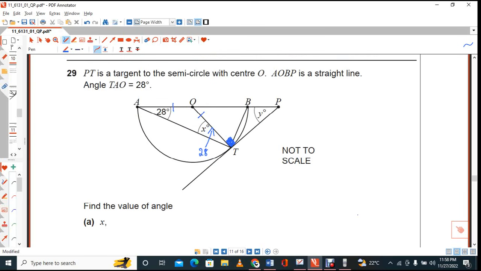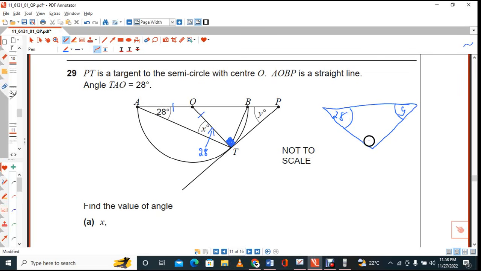Now, another scenario will present itself, and that is we need to find angle Y. If you look at the bigger triangle, that is A, and don't worry about my drawing, this is 28 degrees over there, and that is Y here.